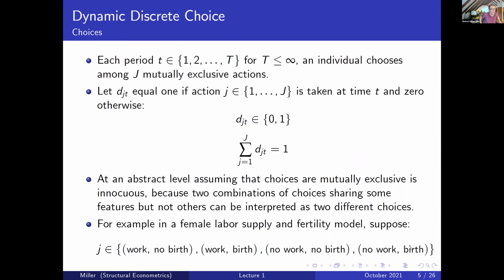By the way, you might wonder why I picked on female labor supply and fertility. It has nothing to do with what I'll call the current political climate. It has to do with the fact that females in most Western countries, in the US in particular, have much more variation in labor supply than males.